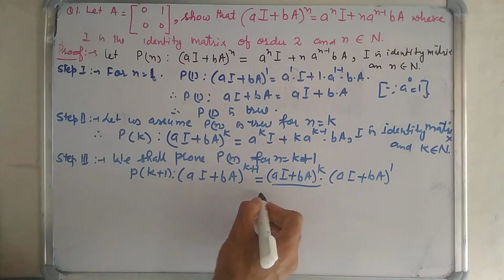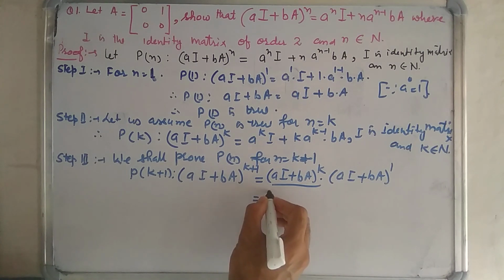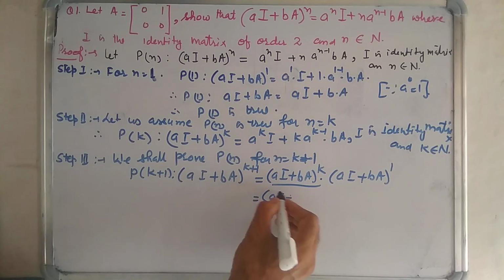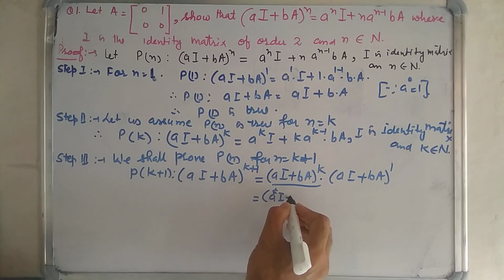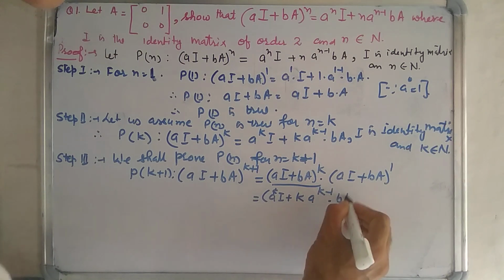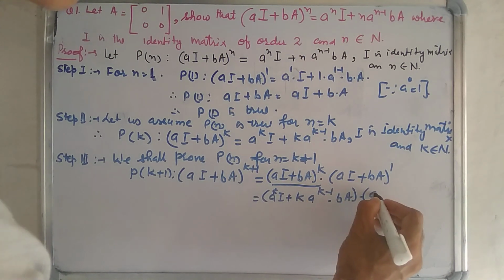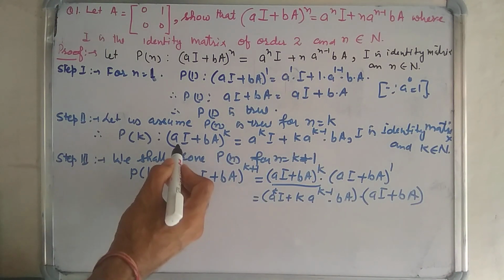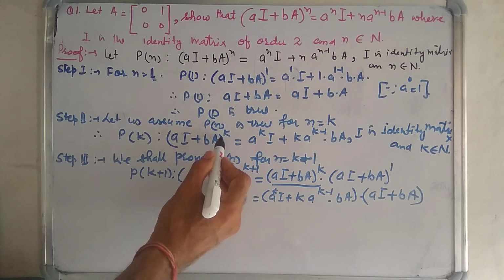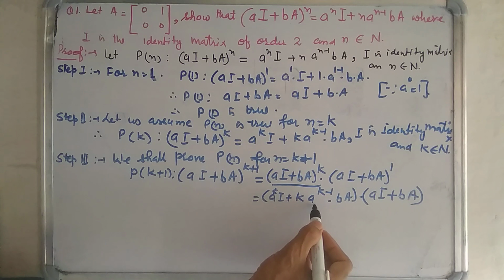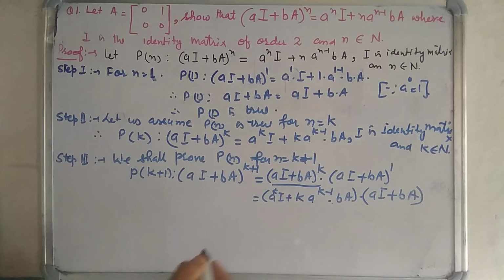Now while using step number 2, we write here a^k I + k into a^(k-1) into b into A into (aI + bA). We substitute the value of (aI + bA)^k equal to a^k I + k into a^(k-1) into b into A.